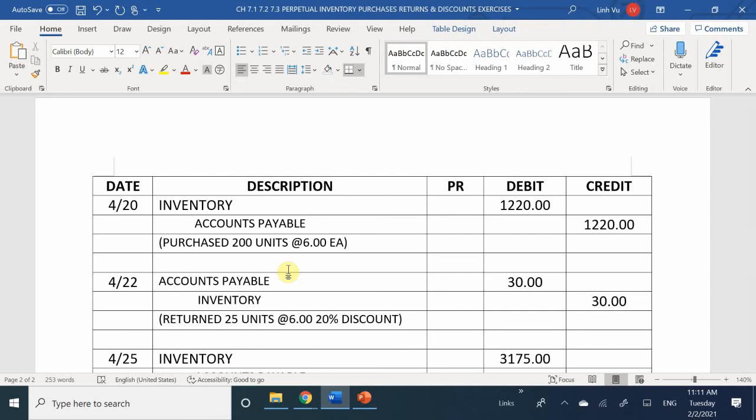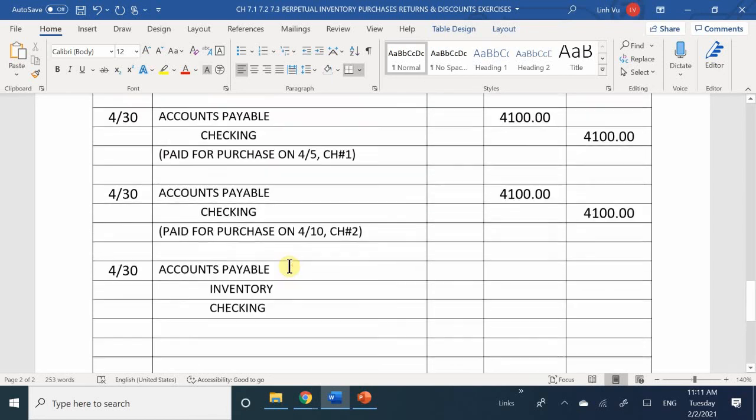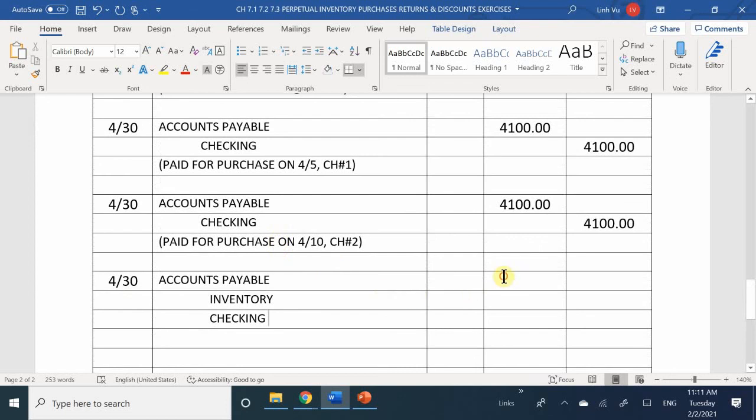So, in this case, let's just determine how much we owe in general, because that's what the accounts payable is going to reflect. Okay, so here, if we have 1220 minus 30, that gives us 1190. Okay, that's how much we owe right now, is 1190.